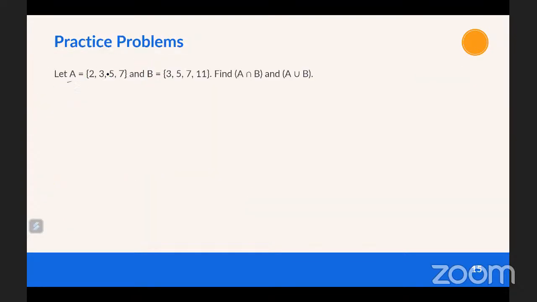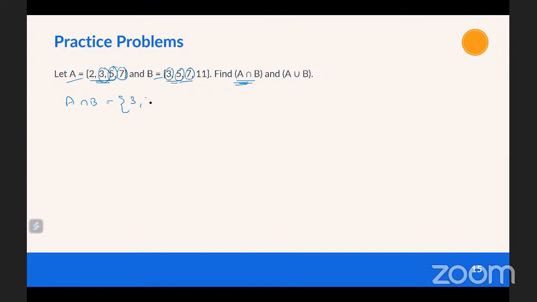We will do a few examples and then we'll see how these problems are solved. So we have two sets, set A and set B. First we have to do A intersection B. So A intersection B will contain the elements common in both the sets. So if you have these two sets, you see 3 is common, 5 is common, and 7 is common because it is present in both the sets.